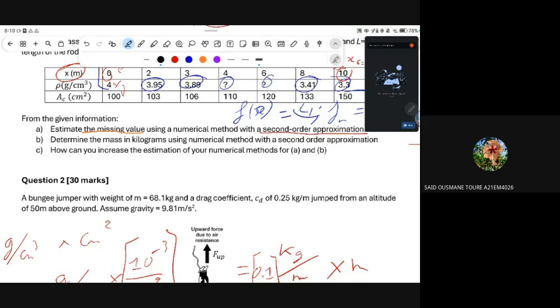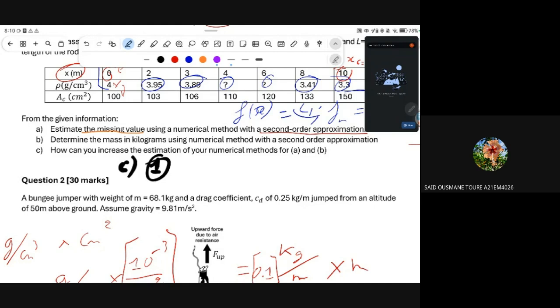So first of all, for C, I think we need to increase the order of the equation. The order of the equation, yes, exactly.